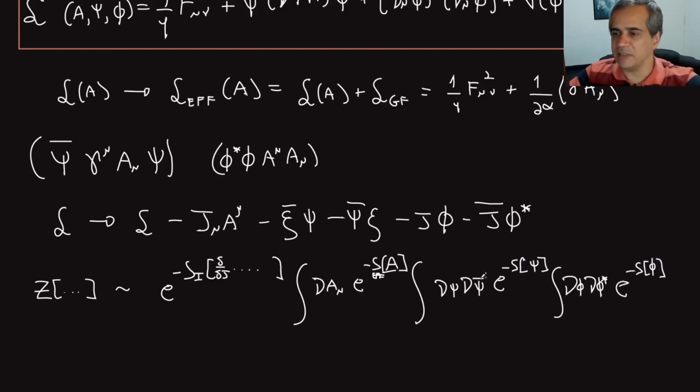And the reason I can separate these integrals like that is because these actions only depend on one of the fields, in this case psi bar, in this case phi star, but you get the idea.